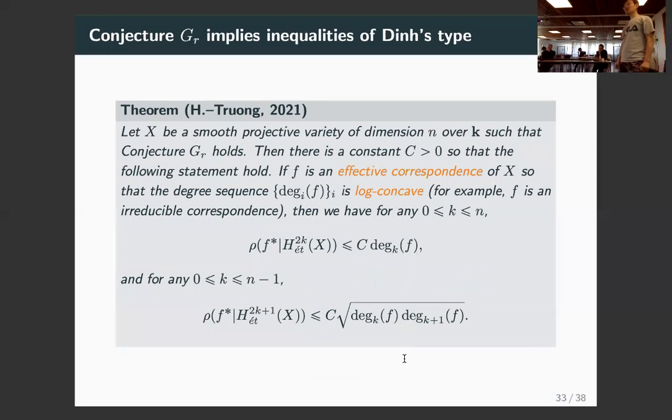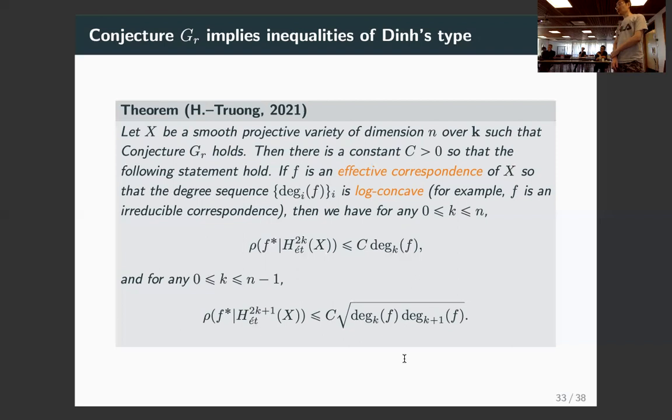So the main result here about the conjecture GR is that conjecture GR can imply inequalities of this type. So assume the conjecture GR. If f is an effective correspondence, so that the degree sequence is log concave, for example, f is a reducible correspondence, then for any k, the spectral radius of the pullback on H^2k is bounded above by the constant C times the k-th degree.